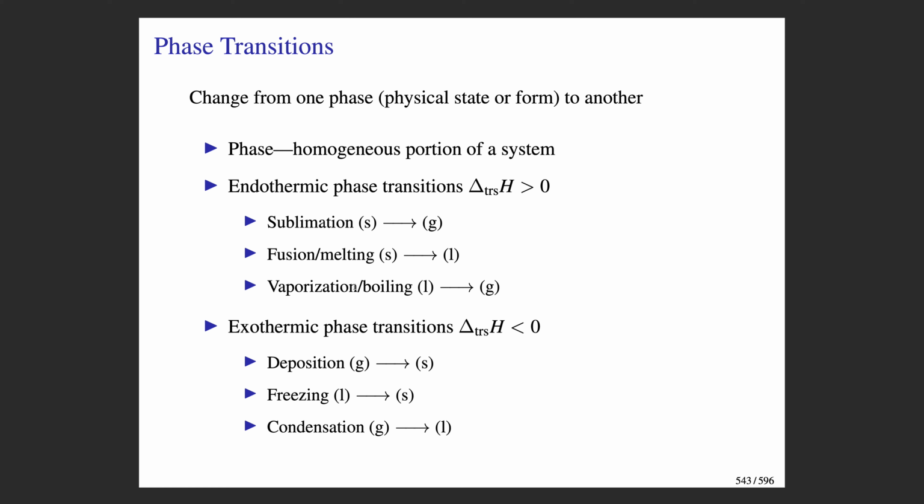As a consequence of having to break an interaction, it leads to an endothermic process. Whereas the opposite phase transitions, deposition, freezing, and condensation, where you're going from a less condensed phase to a more condensed phase, you're forming intermolecular interactions, which is an exothermic process.